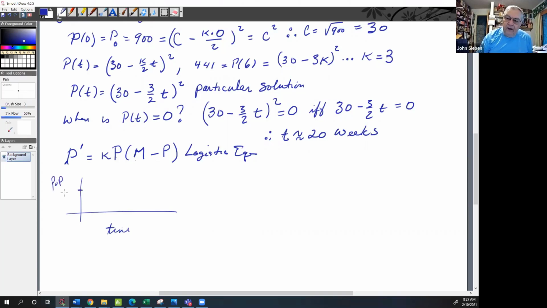And just suppose that M fits in here, and we may start with a P0, a little bitty population down here, but as time increases, my population will approach this limiting value, which would be like that.